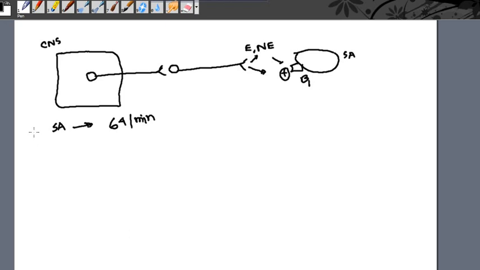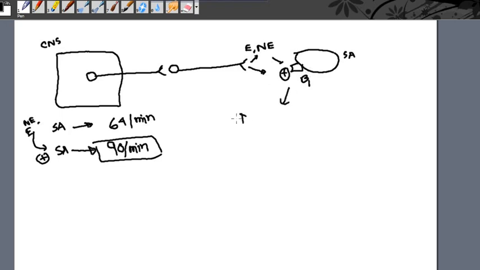And when the SA node is stimulated by norepinephrine and epinephrine, then the spontaneous depolarization per minute, let's suppose, is 90 per minute. So what you can see is that epinephrine and norepinephrine stimulate the beta 1 receptor and they increase the rate of spontaneous depolarization.